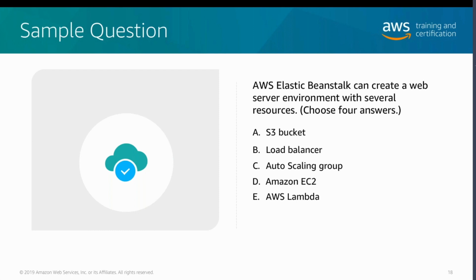I mentioned an EC2 instance, so that'd be a good one. That's one thing that we know Elastic Beanstalk can create, because that's primarily what it was designed to do, to create a server for you to run your code. I mentioned a load balancer, and I mentioned an auto scaling group as well. So those three components we know that Beanstalk can deploy.